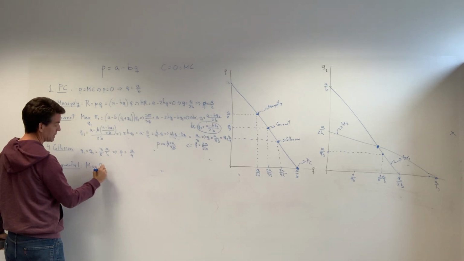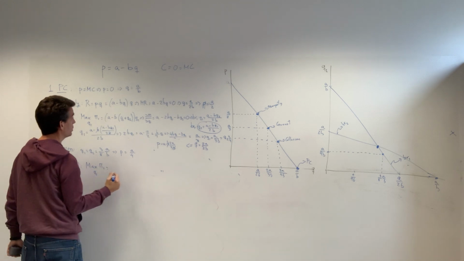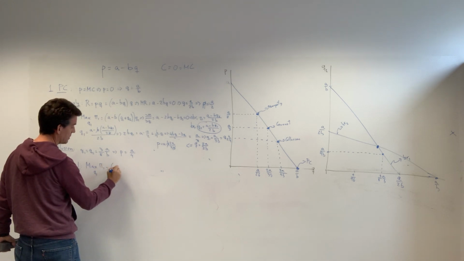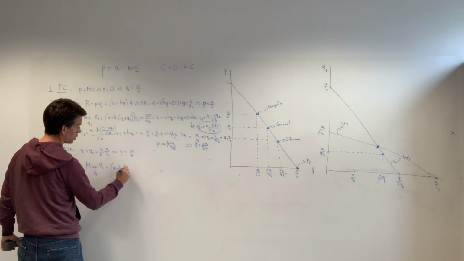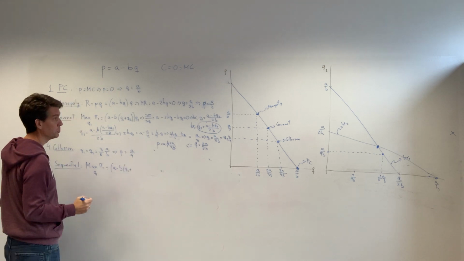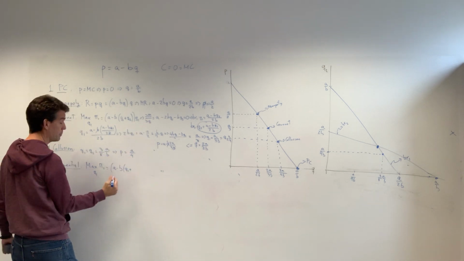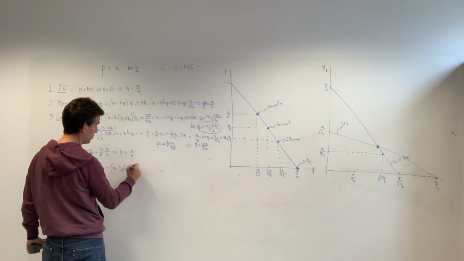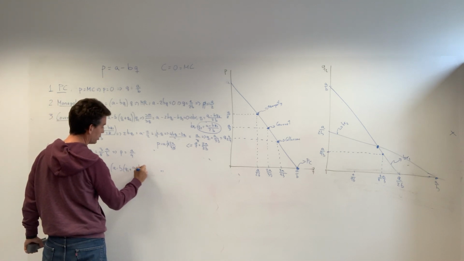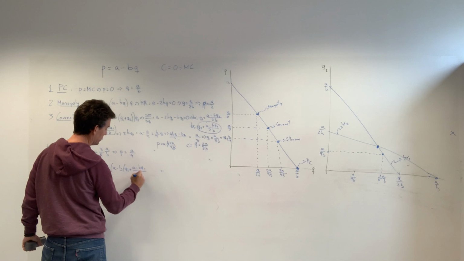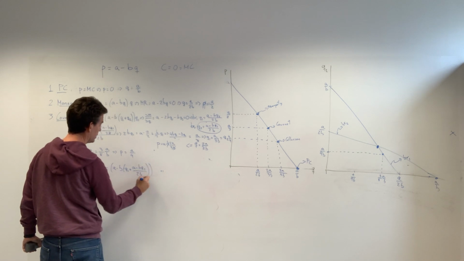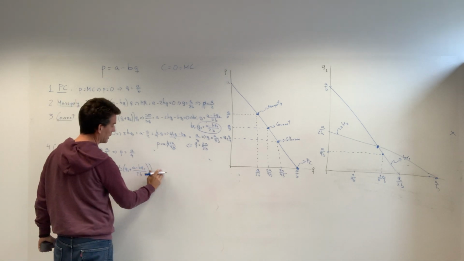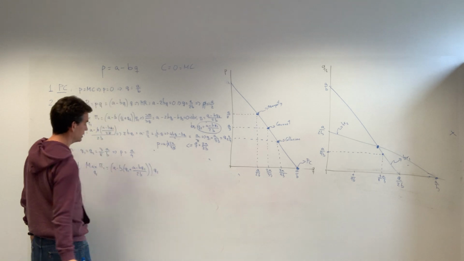So now, maximizing P1 with respect to Q1 is going to be equal to A minus B, Q1 plus Q2. But what is Q2 going to be? The best response function. So it's going to be A minus B, Q1 divided by 2B. Okay? That's going to be the price times the quantity.